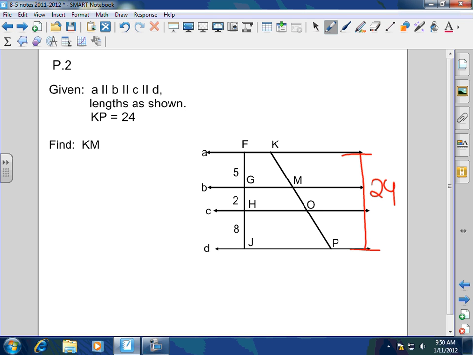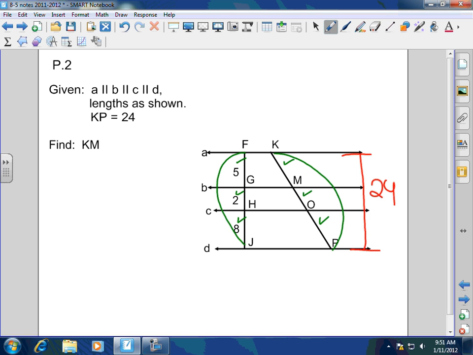Well done, son. Since we have here the three-line transversal splitter, doesn't that mean that FG corresponds to KM, and GH corresponds to MO, and HJ corresponds to OP? Correct? And that FJ would correspond to KP.